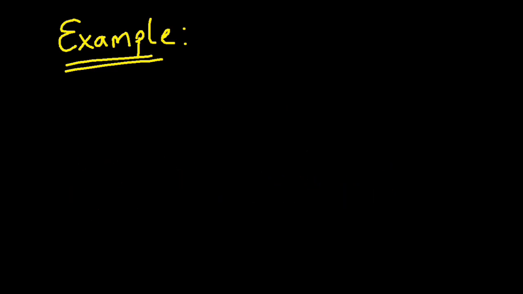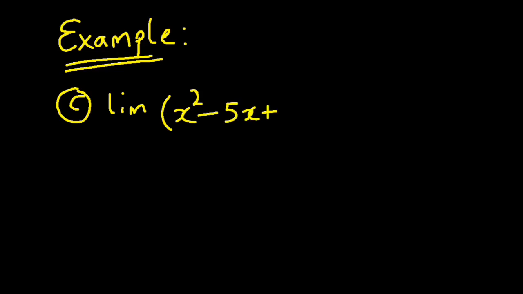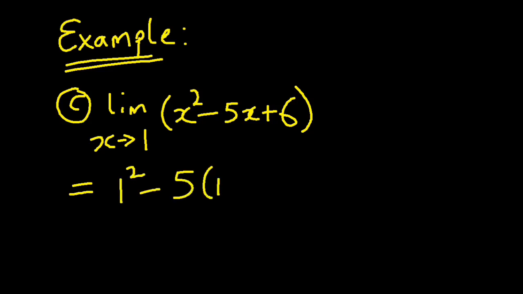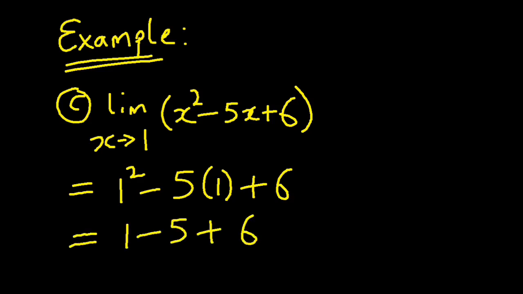Then example C, we have the limit of x raised to power 2 minus 5x plus 6 when x tends to 1. So this is equal to 1 raised to power 2 minus 5 into 1 plus 6, which is equal to 1 minus 5 plus 6, and the value is 2.